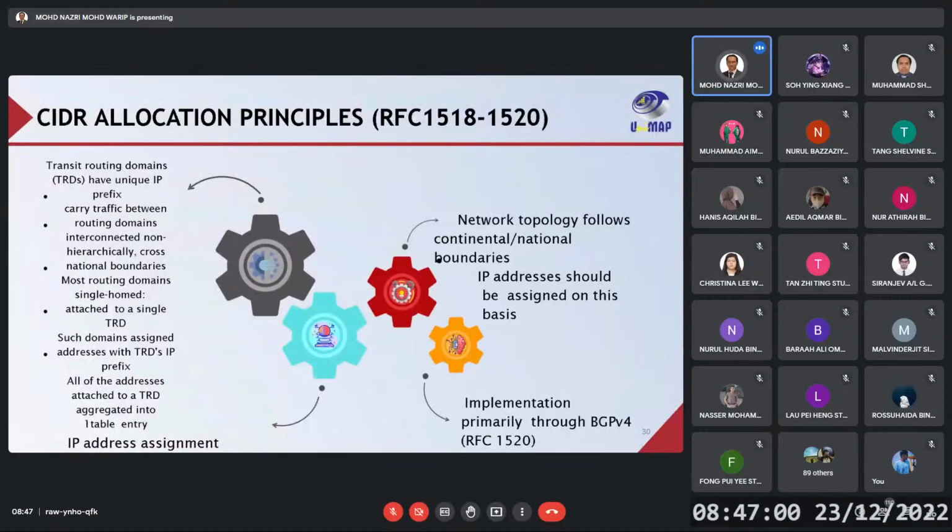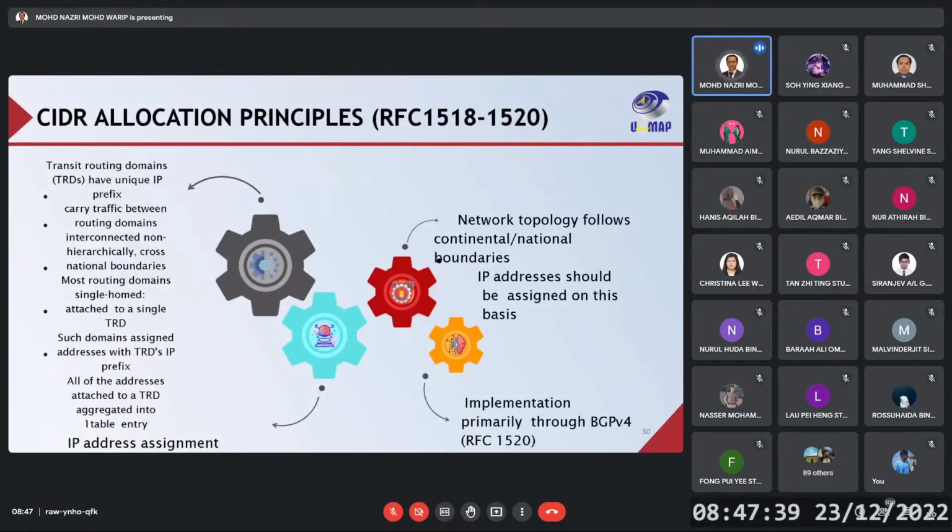For example, they have one in Tokyo, or in Seoul, Korea, maybe in Saudi Arabia. The organization can assign their AS number, but they need to request it from the authority. For example, MAS in Malaysia uses AS 100, maybe in Tokyo they use AS 200, maybe in Egypt they use AS 300. It can be like that.